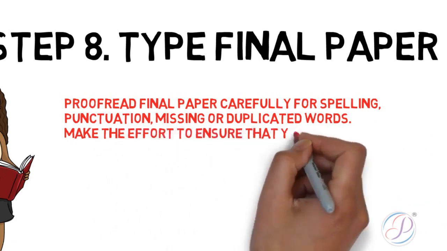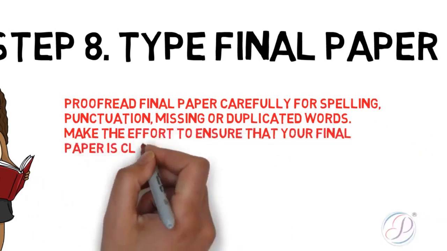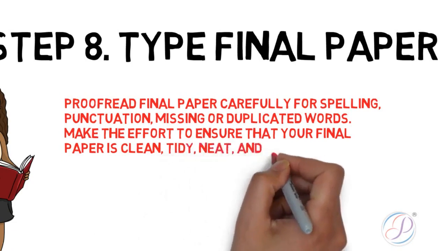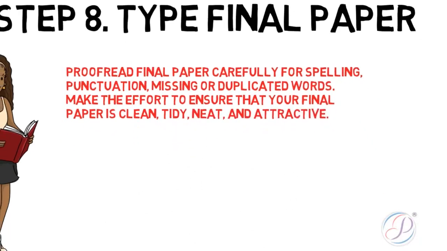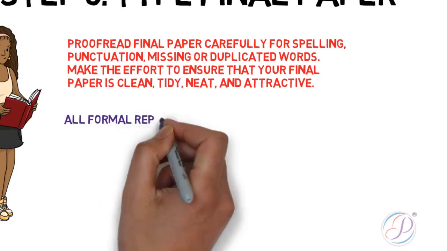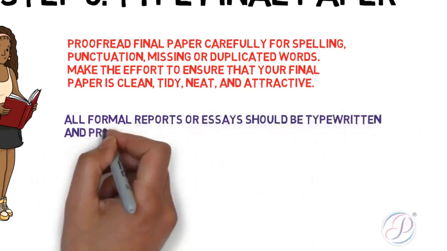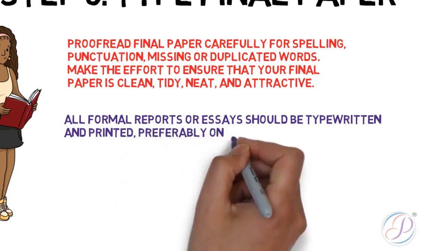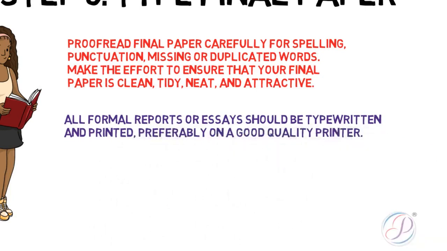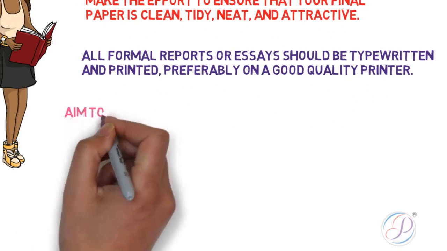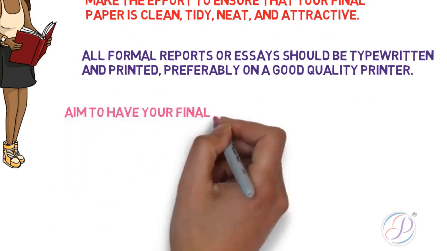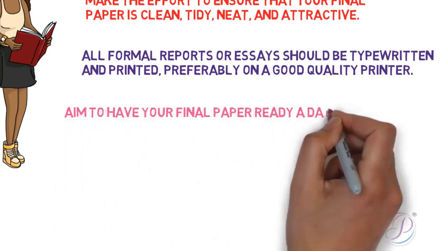Make the effort to ensure that your final paper is clean, tidy, neat and attractive. All formal reports or essays should be typewritten and printed, preferably on a good quality printer. Only then can you provide it to your guide or some publisher.